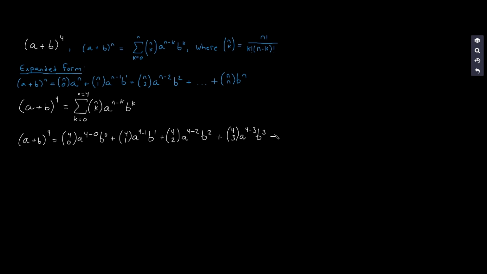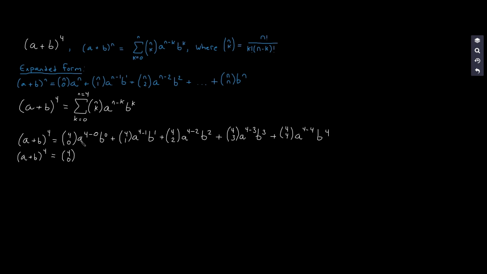And that's going to do it for the fourth partial sum. For the fifth partial sum, that's going to be 4 choose 4 times a raised to the power of 0, because, well, I'll write it in, 4 minus 4, times b raised to the power of 4.